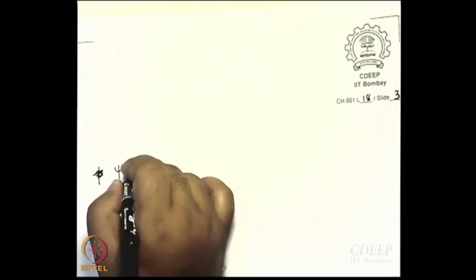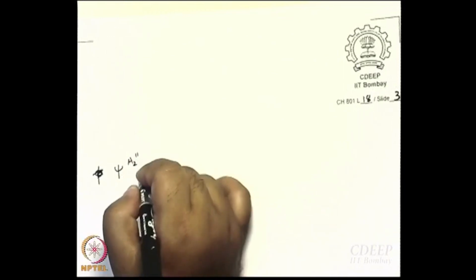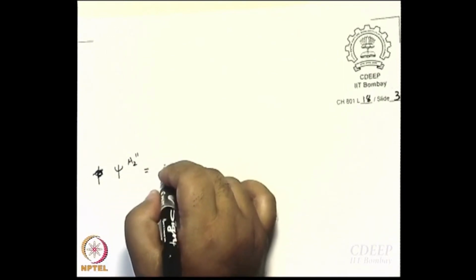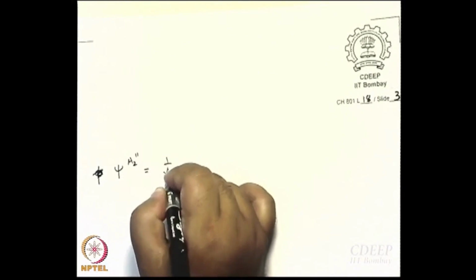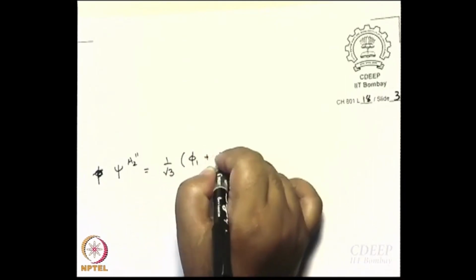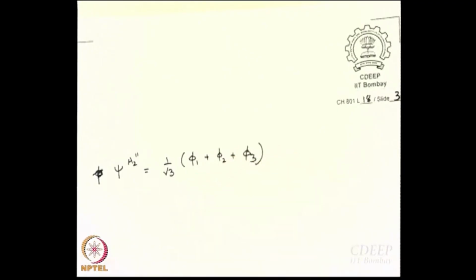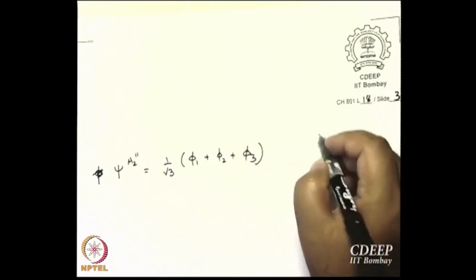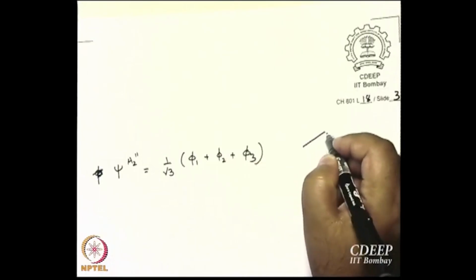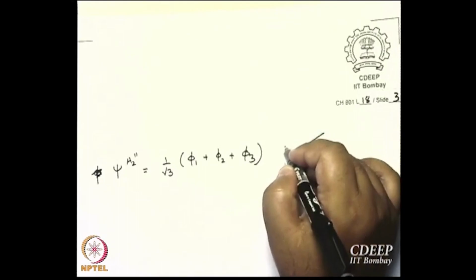Psi A2 double dash is 1 by root 3 into phi 1 plus phi 2 plus phi 3. If I want to sketch it, instead of drawing it in such a weird manner, I like to draw it like this.